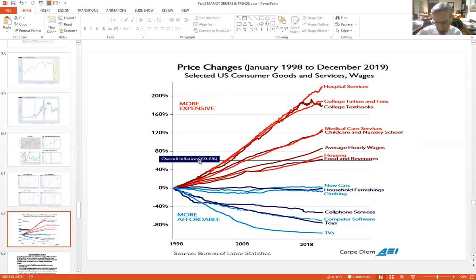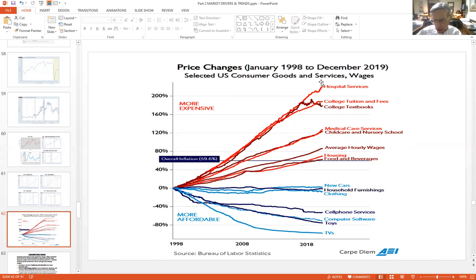The average growth in prices and wages, and wages are a price, aren't they? They're the price for labor. But the average price increase since 1998, which is about 20 years, has been 60%.